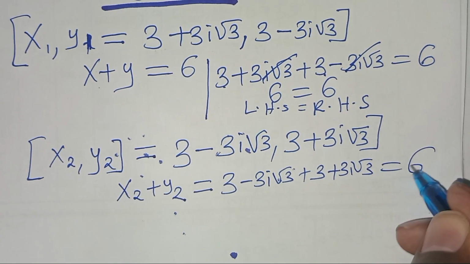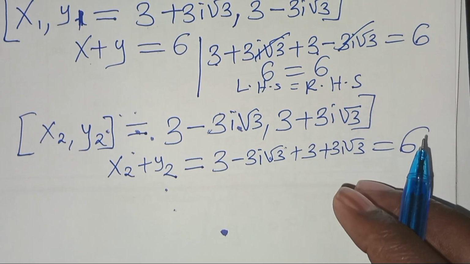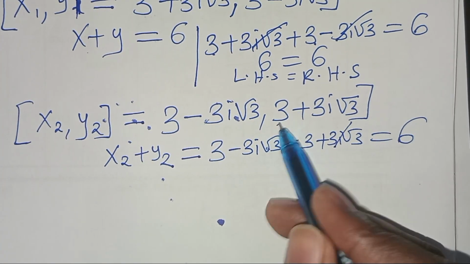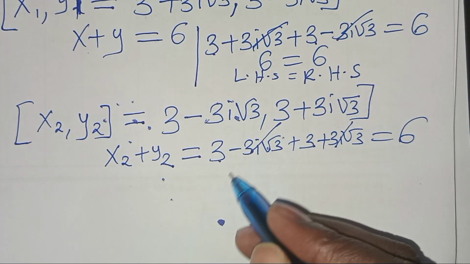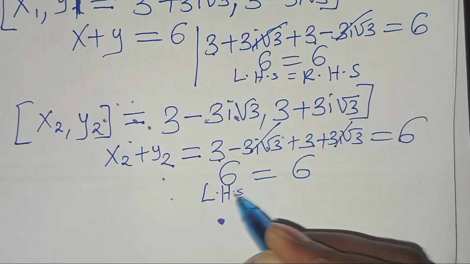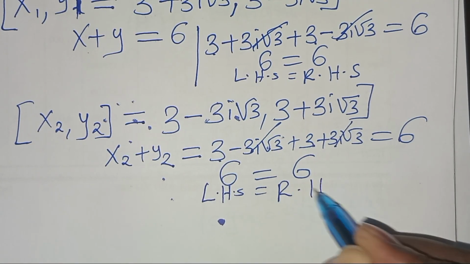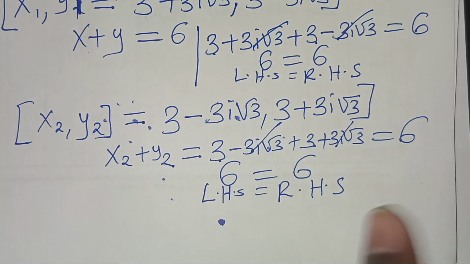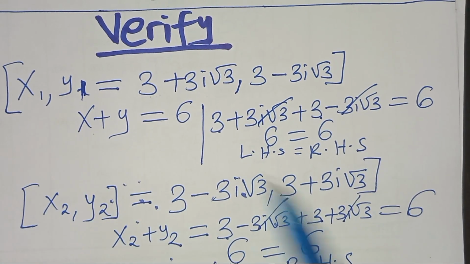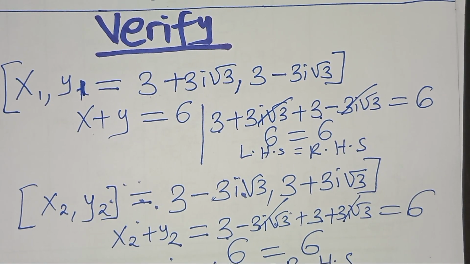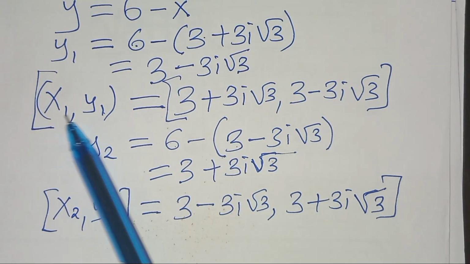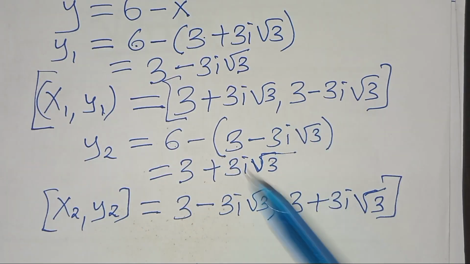This should give a value of 6. So here, negative 3i square root of 3 cancels out. We'll have 3 plus 3, which is 6. So the left-hand side is equal to the right-hand side. And that shows that x1, y1 and x2, y2 actually satisfy the equation.